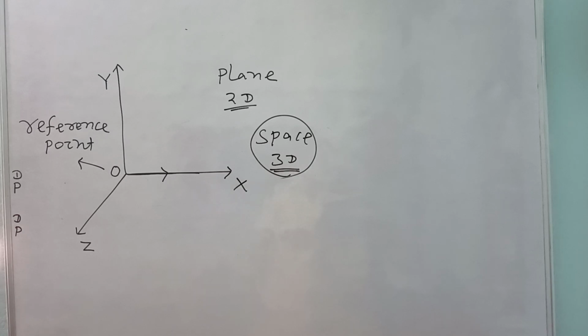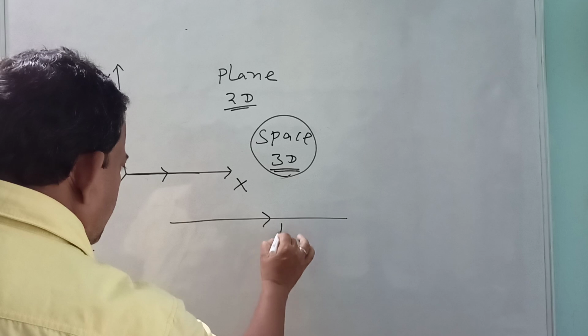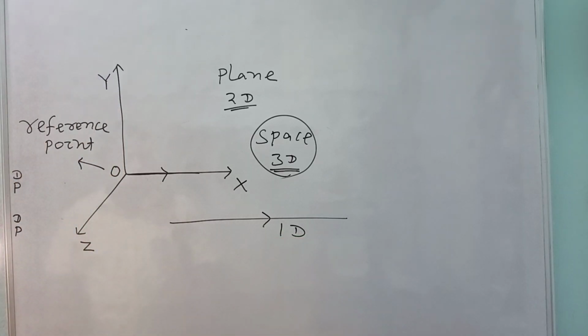Importantly, you remember, if 1 coordinate is required to specify the position of an object, this is 1-dimensional motion. I mean motion in a straight line, this is 1 dimension. If 2 coordinates are required, either xy or yz or xz, then this is 2-dimensional motion.